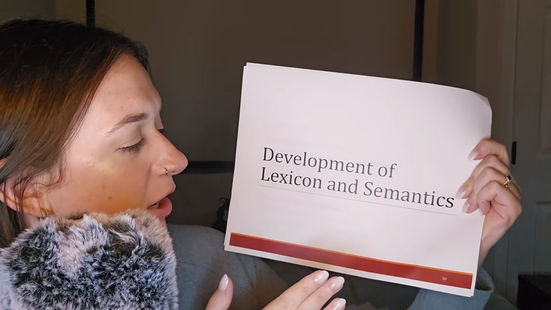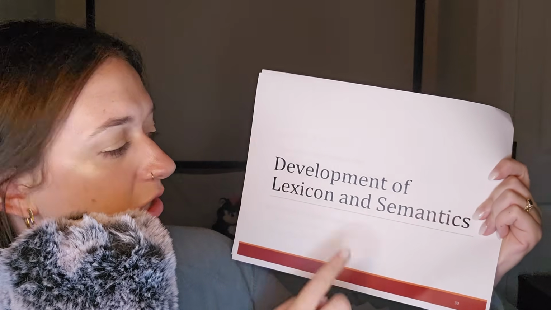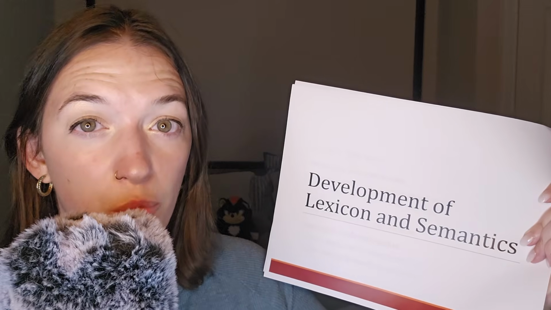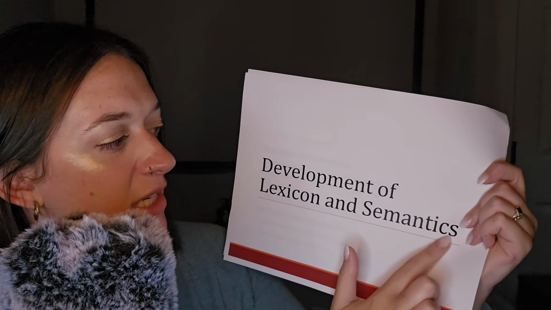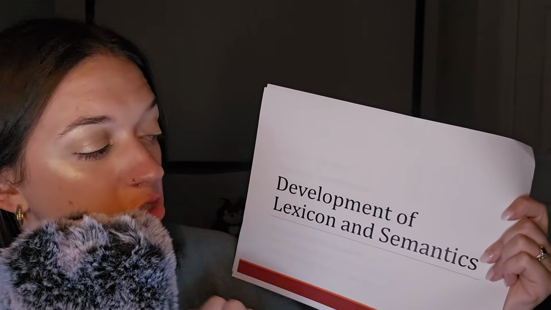And then we can talk a little bit about how children develop their lexicon and semantics. Lexicon is essentially the mental dictionary of words that a speaker can produce. And semantics is the study of the meaning of words and their relationships to each other.